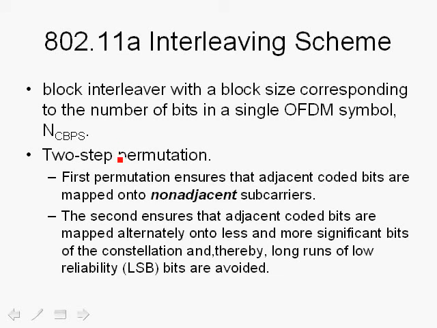We perform a 2-step permutation. The first permutation ensures that the adjacent coded bits are mapped onto non-adjacent subcarriers. And the second permutation ensures that adjacent coded bits are mapped alternately onto less and more significant bits of the constellation, and therefore long runs of low reliability LSB bits are avoided.